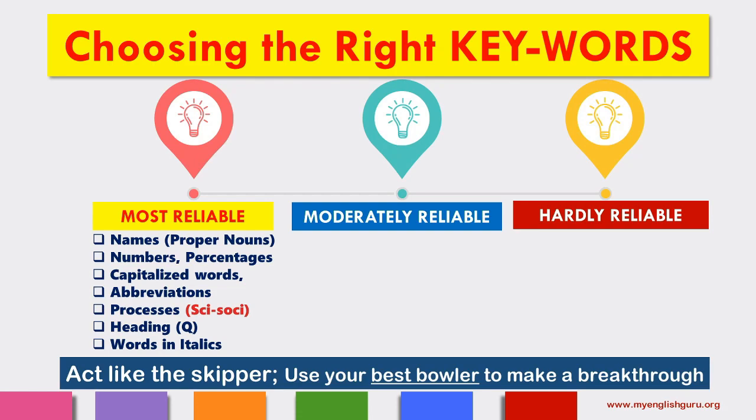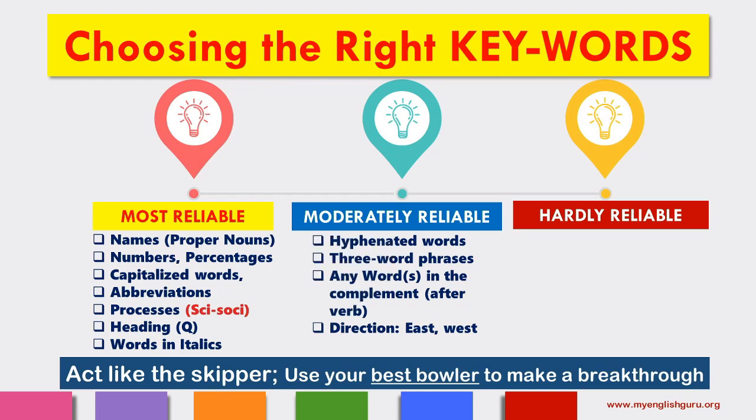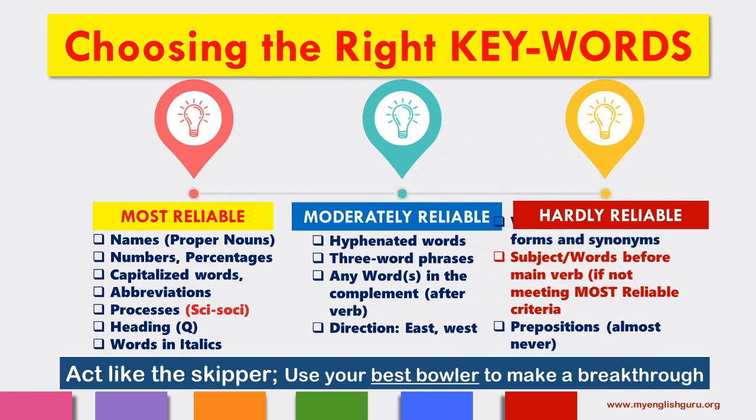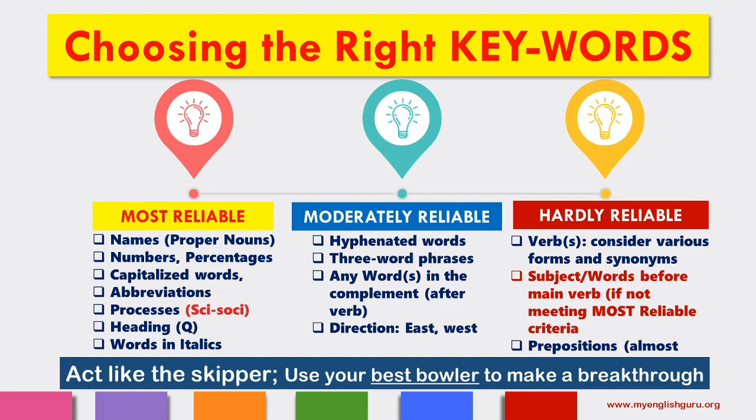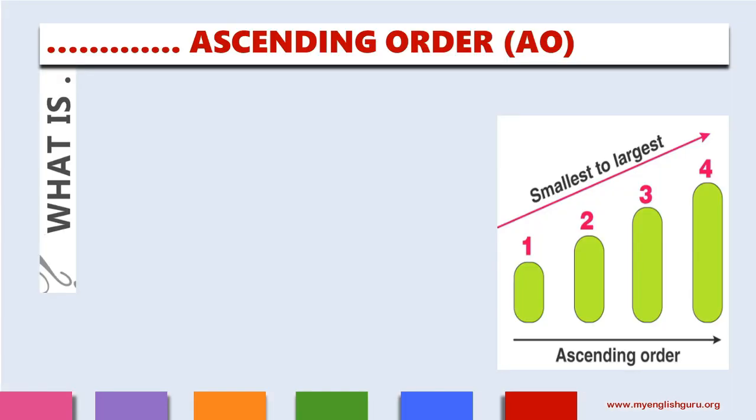Capitalized words, abbreviations, processes like photosynthesis, and any heading of your question in a question bank, you can have a good heading, and that can be found in the text directly. And some words are given in italics. That is also your good keywords. So I'm not going to discuss all of this, just a quick snap today, because we'll be doing a practical solution to a question paper.